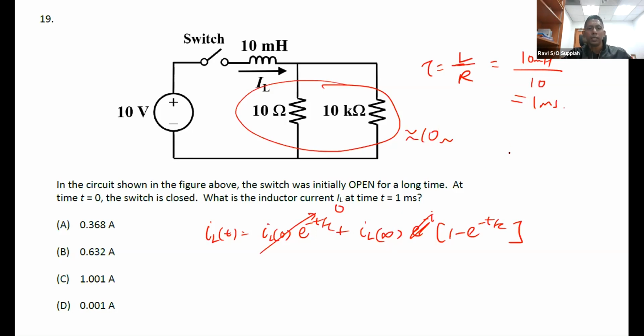So the current effectively is 10 volts divided by 10 ohm. Like I said, the combined resistance is almost 10 ohm, so it will be 1 ampere. You substitute that and the tau inside, at t equals 1 millisecond, you will get the current to be around 0.632 ampere. So the answer here would be B.